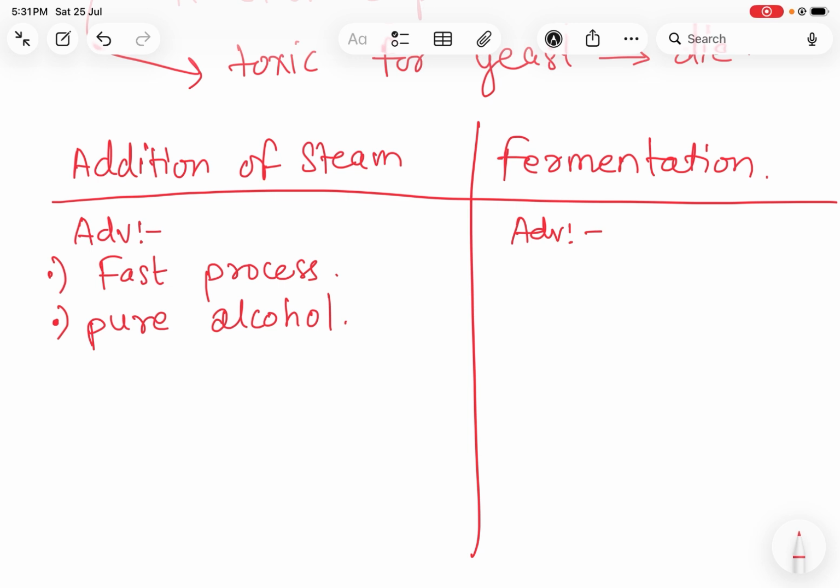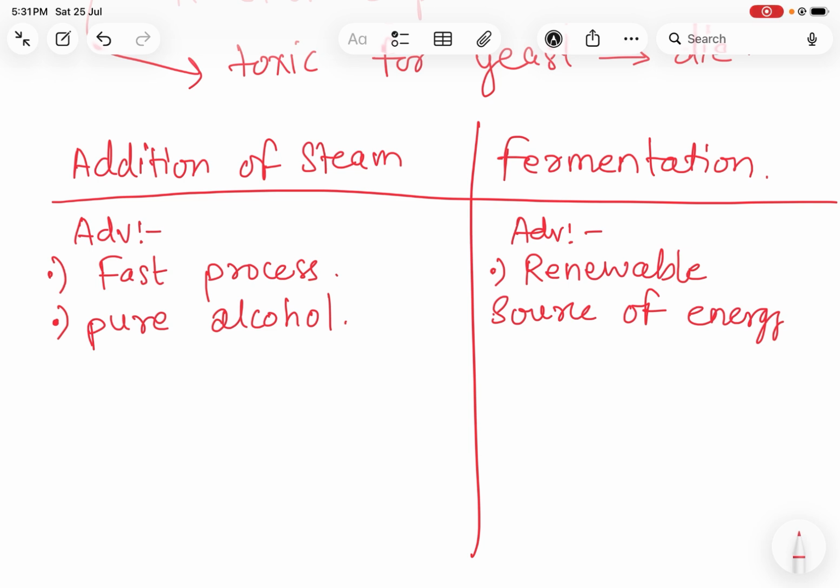In case of fermentation, we use glucose and we use yeast. Glucose is coming from maize, grains, corn, etc., which can be grown again, so we are using a renewable source of energy.